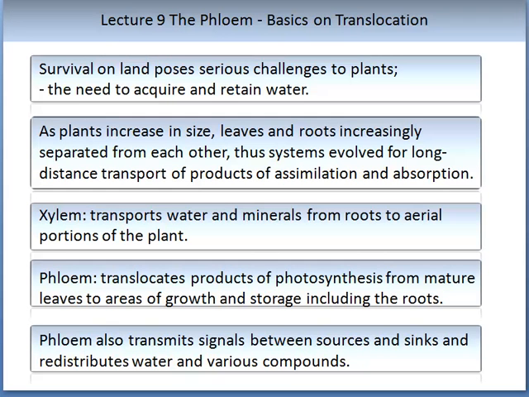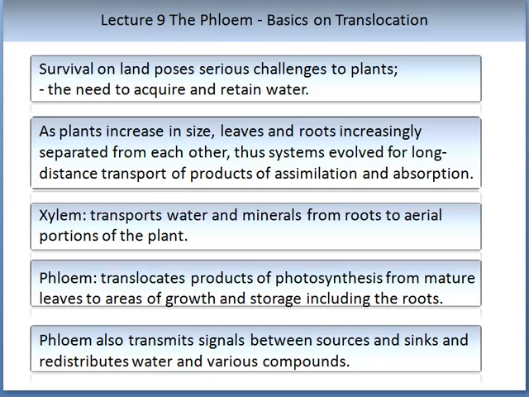For plants, survival on land poses serious challenges. They need to acquire and retain water. As plants increase in size, leaves and roots become increasingly separated from one another. Thus, systems evolve for long-distance transport of products of assimilation and absorption.